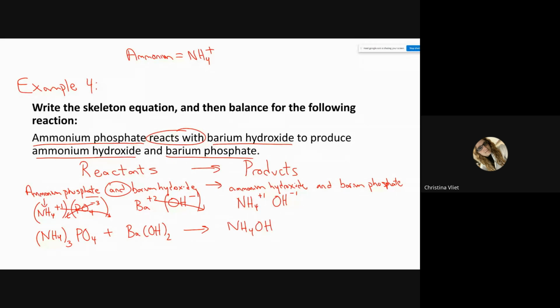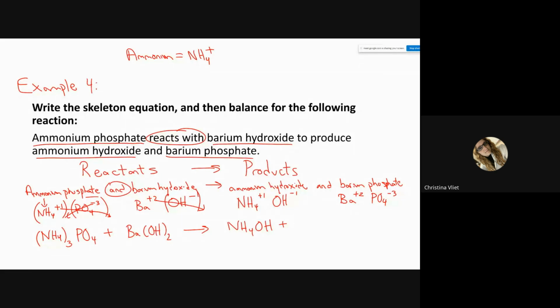And what do we put for and? Plus. Barium phosphate. Barium is what charge? It's the same as it was on the other side, plus 2. Phosphate, same polyatomic ion we saw before. You consult your list: minus 3. Now, do 2 and 3 cancel?